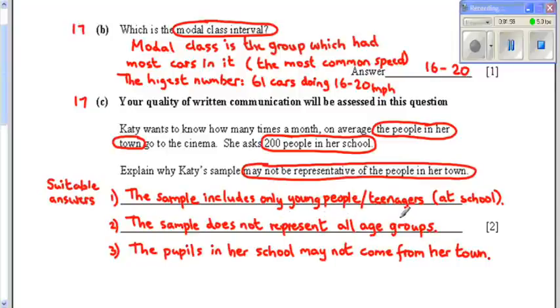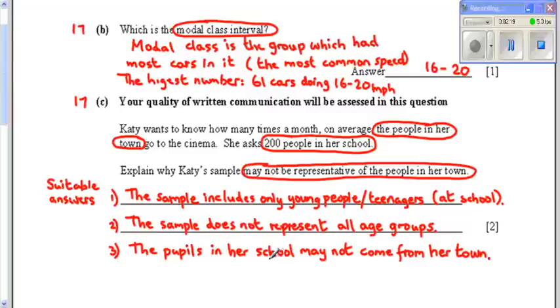Second answer could be the sample does not represent all age groups. Obviously she's not asking middle-aged people, she's not asking older people, she's not asking people who are younger than the ones at her school. So it doesn't represent all the age groups.